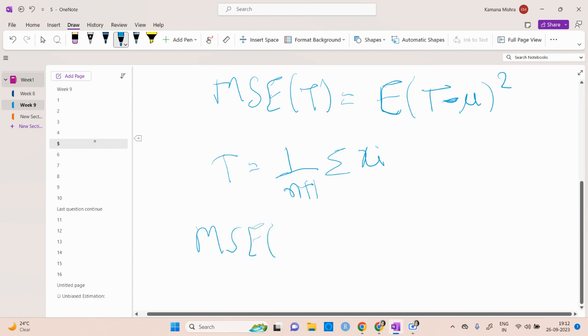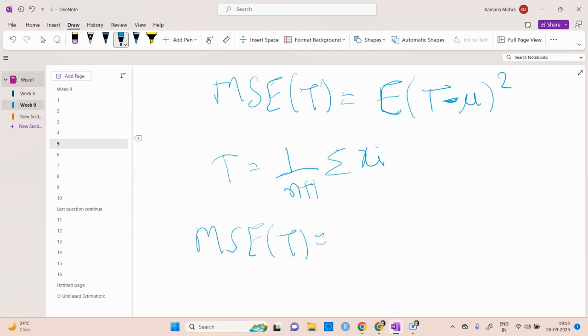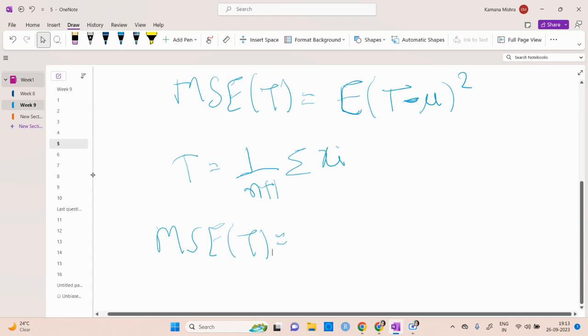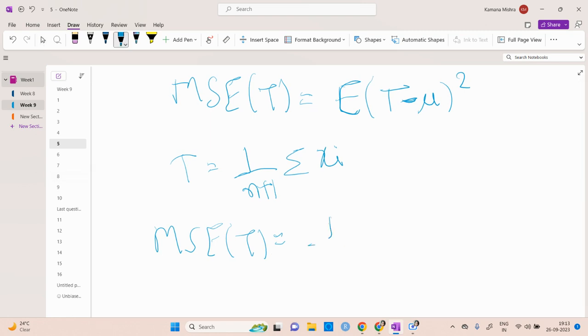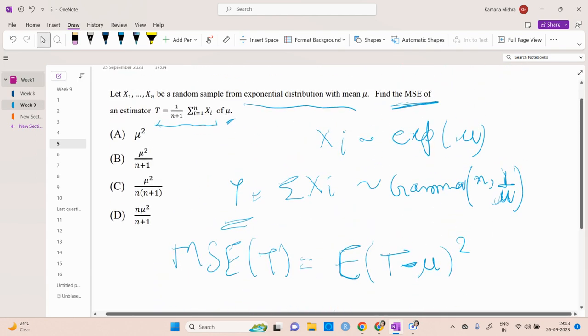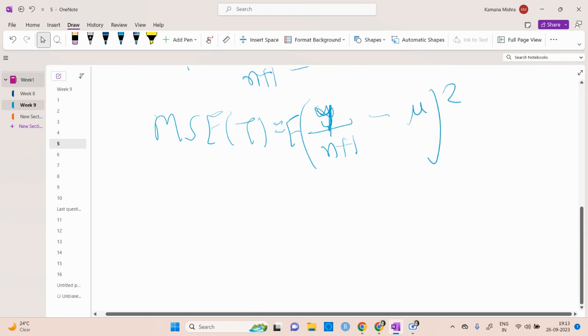So MSE of T will be the expectation of y upon n plus 1 minus mu, whole square. So here I'm writing y, where y is equal to summation xi.